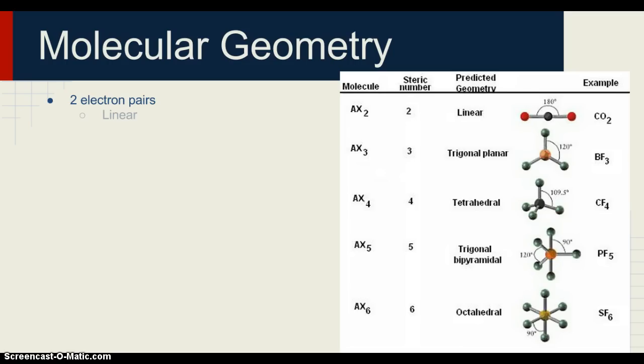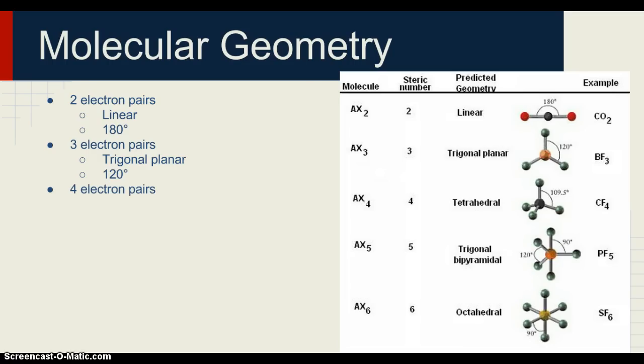The furthest would be on opposite sides of that central atom, which means it's going to have 180 degrees. We call this molecular geometry linear. How about three electron pairs? Well, three electron pairs, the furthest that they can be apart from each other is 120 degrees. This is going to be a geometry called trigonal planar.